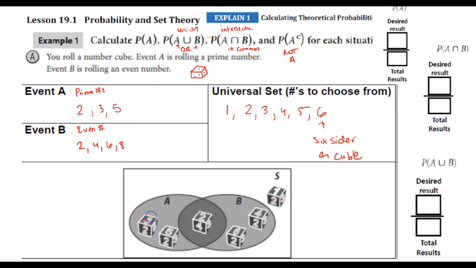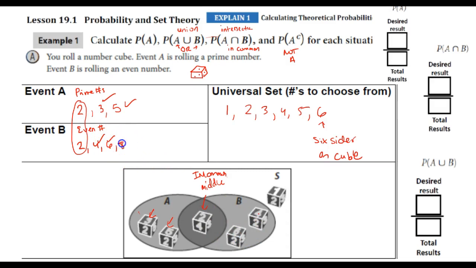So there's 3 for A. See, it's right there. 5 is also in A. And notice how 2 is in the middle, since both of them have a 2. That's what they share, their in common. Whereas for B, we only put 4 and 6.